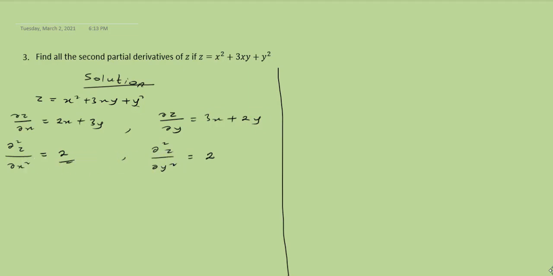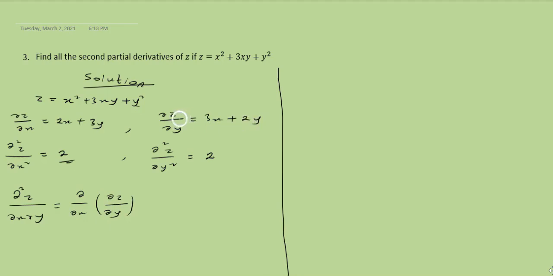Now I want to find the square z over dx dy. So this dx dy means you will first differentiate with respect to y, or in other words, it means d dx of dz dy. So that means dz dy is what? 3x plus 2y.